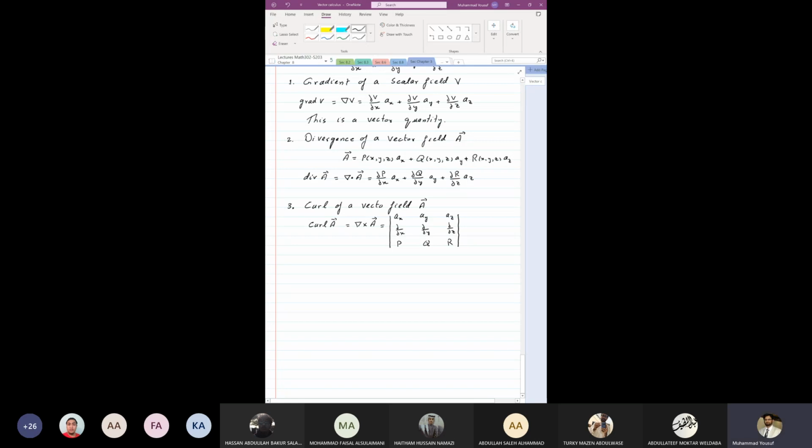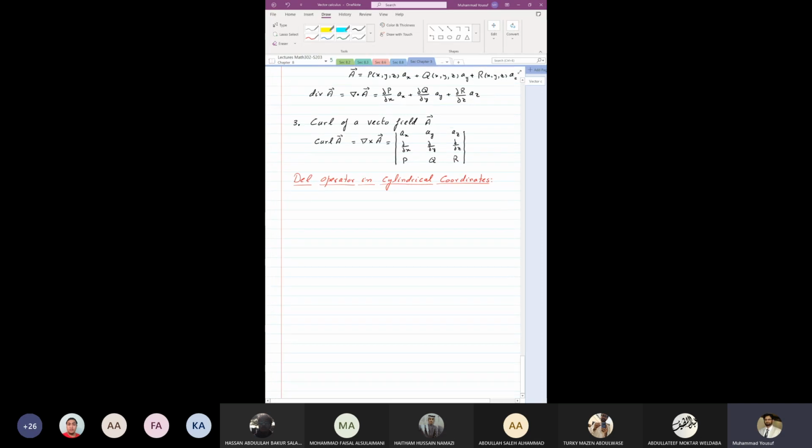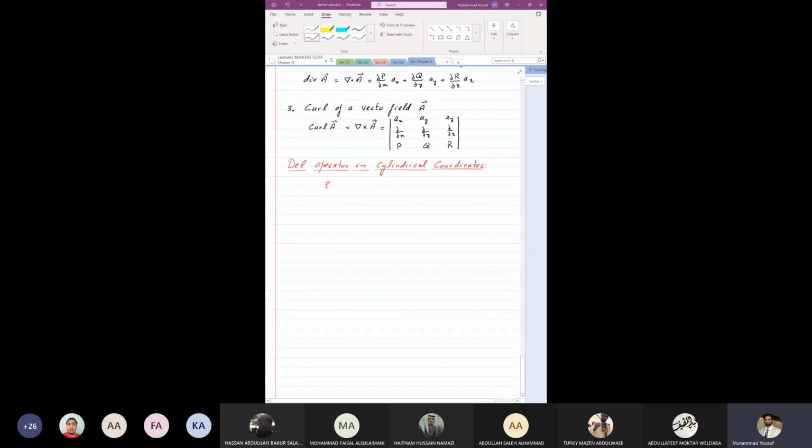Now to obtain the del operator in the other coordinate system, in cylindrical coordinates, we obtain these quantities in cylindrical or spherical from Cartesian.